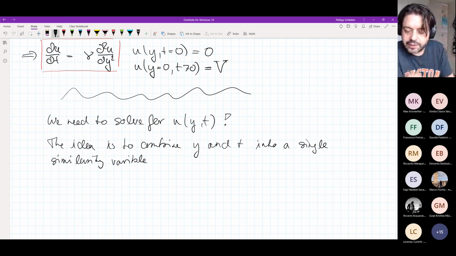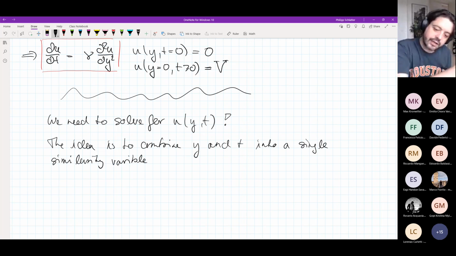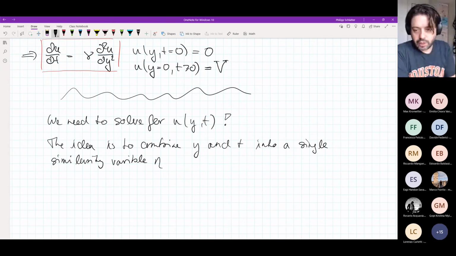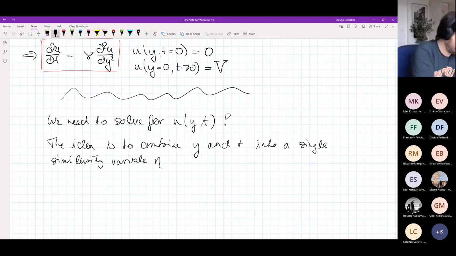With this similarity variable, we could then stretch the time or the space in such a way that they all collapse onto each other. Typically we use the Greek letter eta for a similarity variable. That's just a convention.